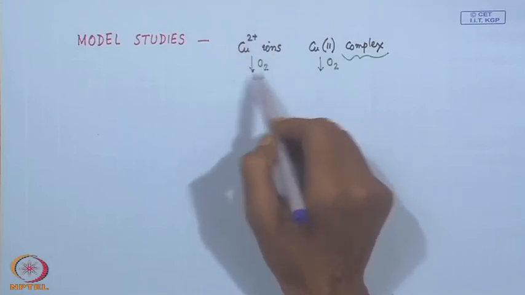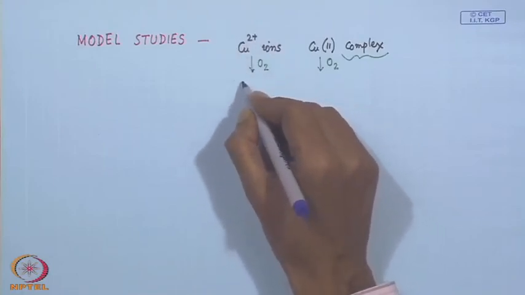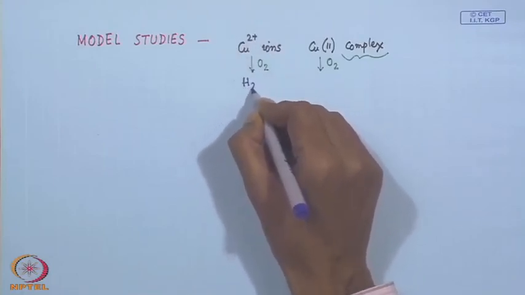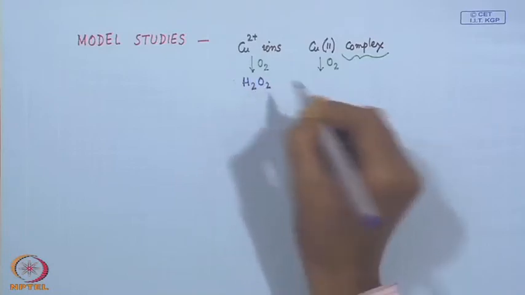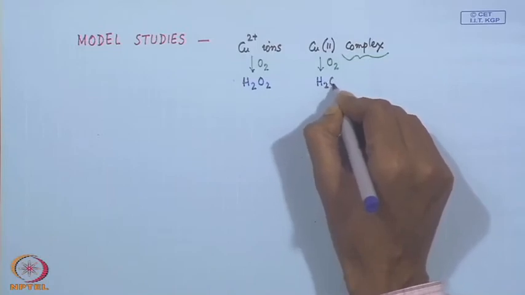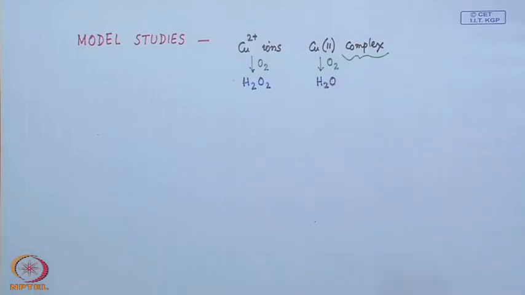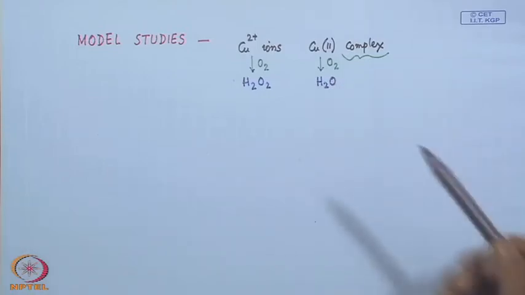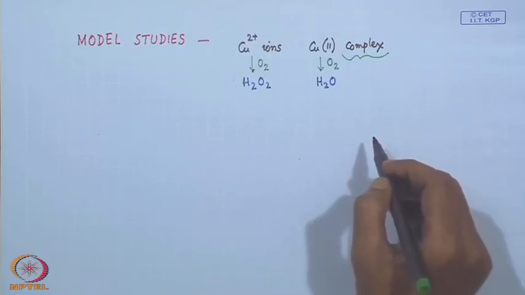So, you just differentiate these two, the copper 2 ions and the complex. In most cases, if one reaction is immediately producing hydrogen peroxide and the other is producing water, definitely you will say that the courses of the reactions are different.